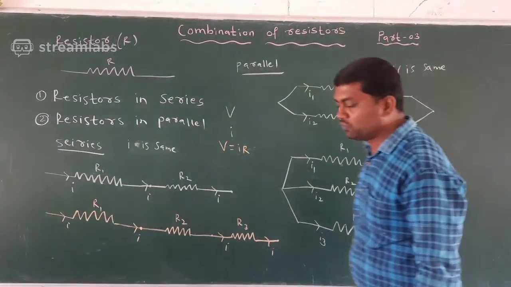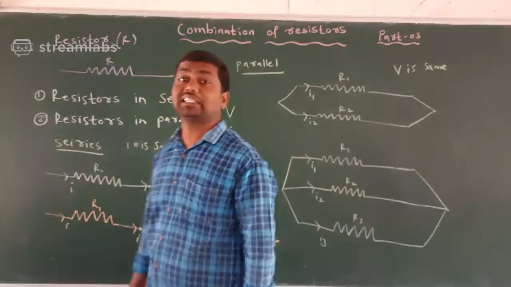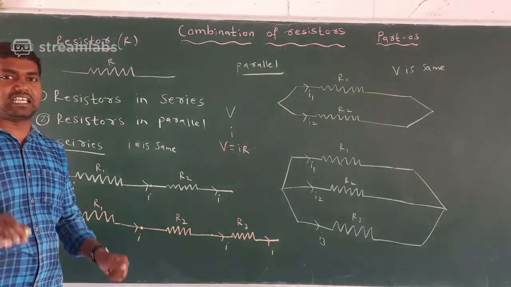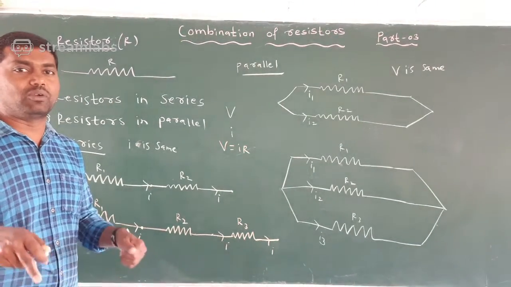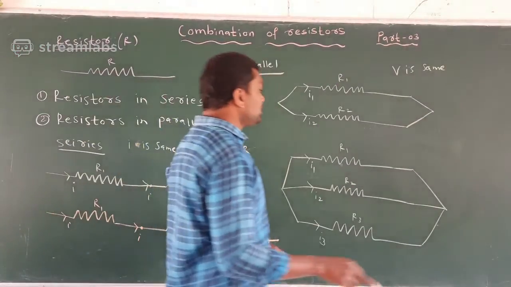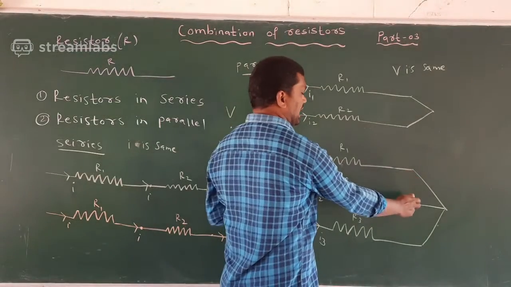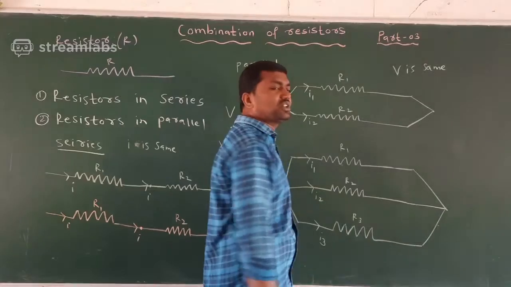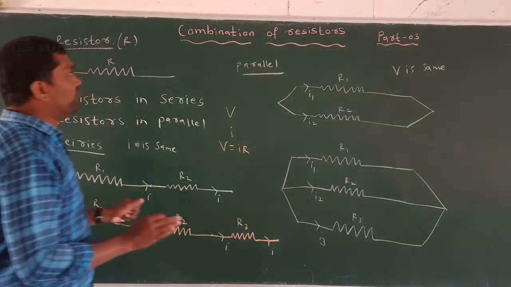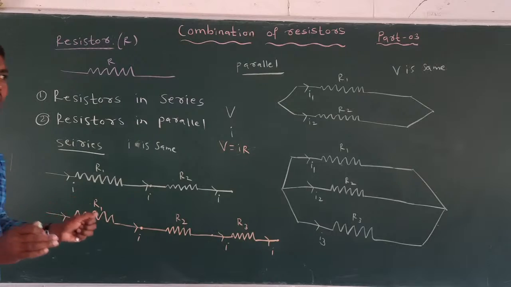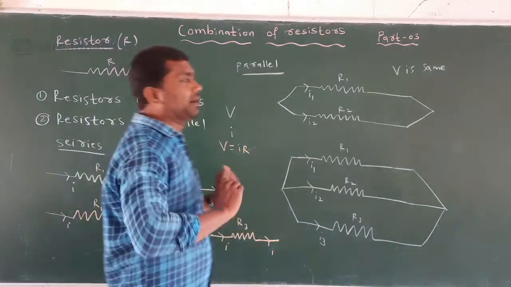So in parallel combination, the electric currents are different but the potential difference is the same. When we measure with a voltmeter, the potential difference at R1, R2 and R3 is the same. So these are the fundamentals about the combination of resistors. We can calculate and determine the total resistance in the combination.